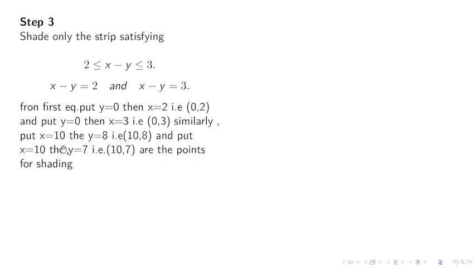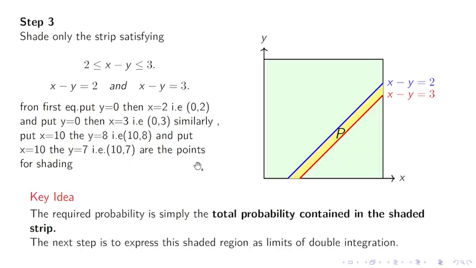Put x equal to 10 in the second equation, then y is equal to 10 minus 3, which is 7. 10 comma 7 are the points of our shading. Here y is equal to 0 and x is equal to 2, and similarly for x equal to 10, y is equal to 8 here, and this is 7.